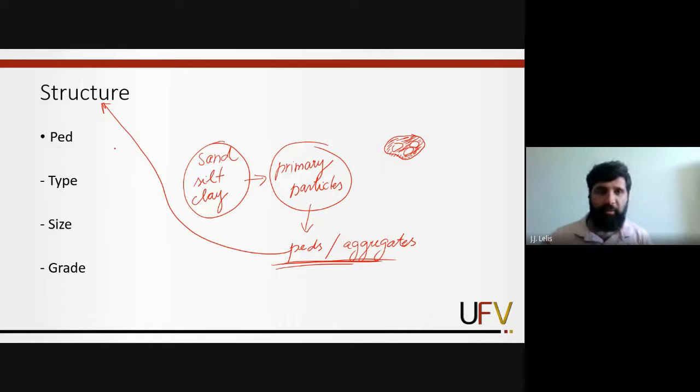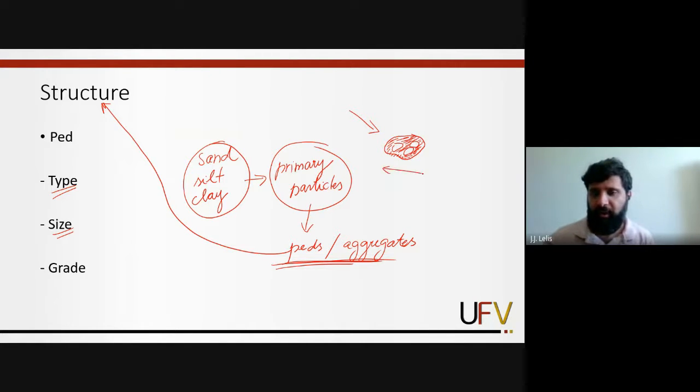I will describe the type of this ped, the shape of this ped. Are these prismatic or columnar aggregates or a granular ped, something like that? I need to describe the shape of this material. I have to describe the size of this material.